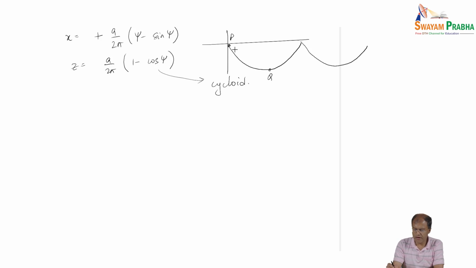It's a very famous problem, where psi is the angle that it makes with the positive x-axis. So the cycloid curve is the solution to the famous brachistochrone problem. So that is what we have shown.